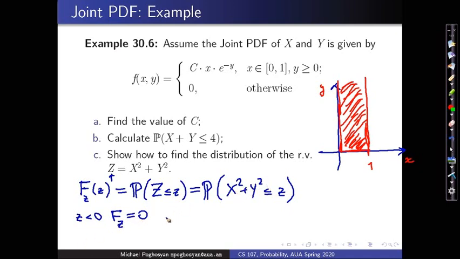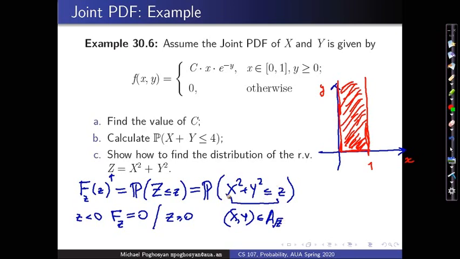Okay, interesting is when z is larger or equal than 0. In that case, we can write this as the point xy is in the disk with radius, well, not z, but square root of z, sorry.